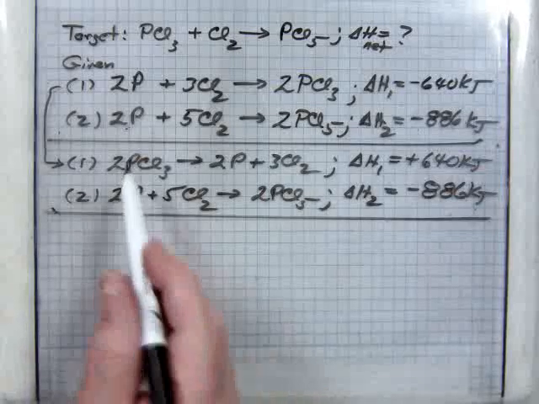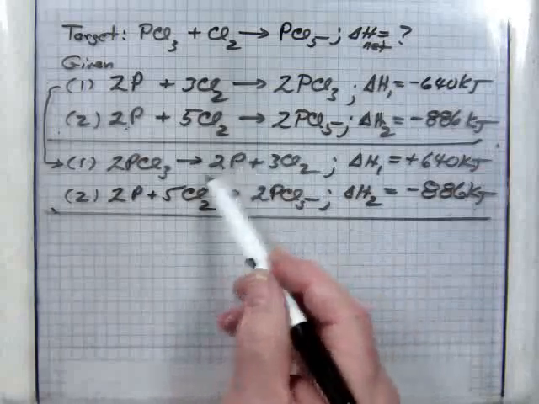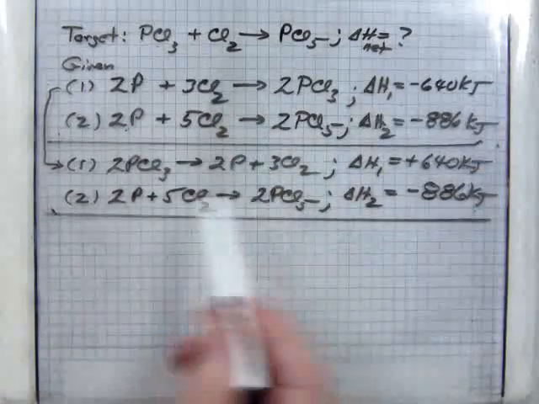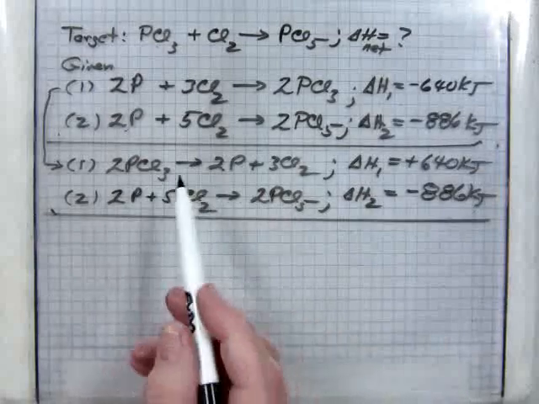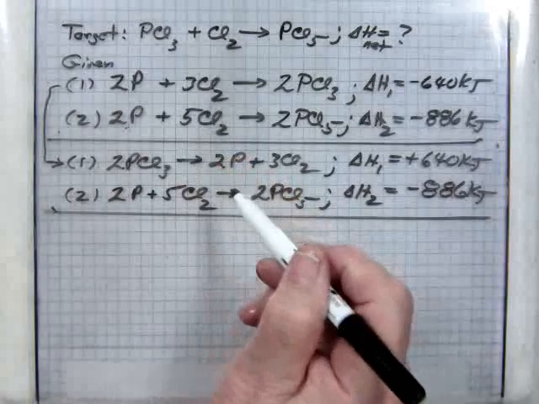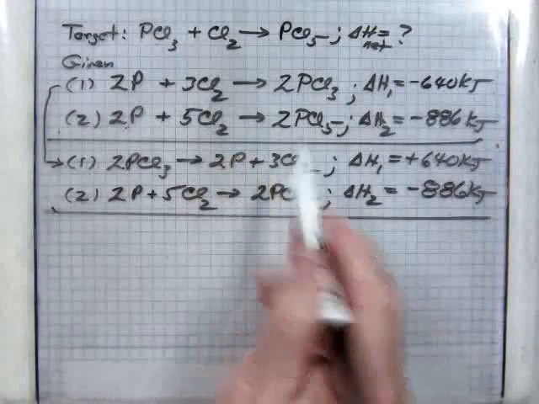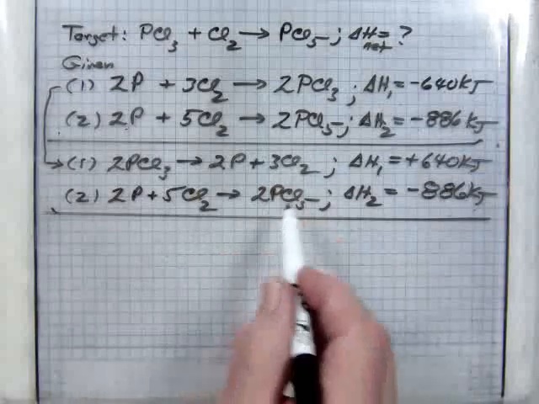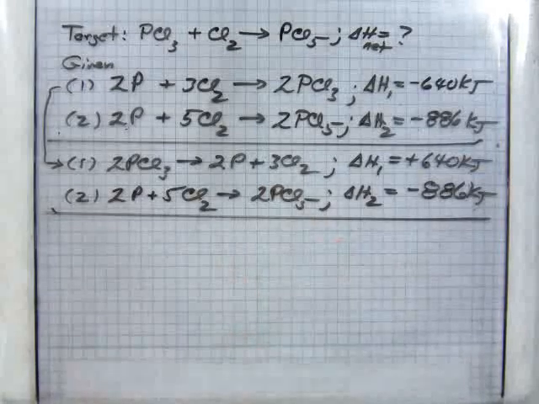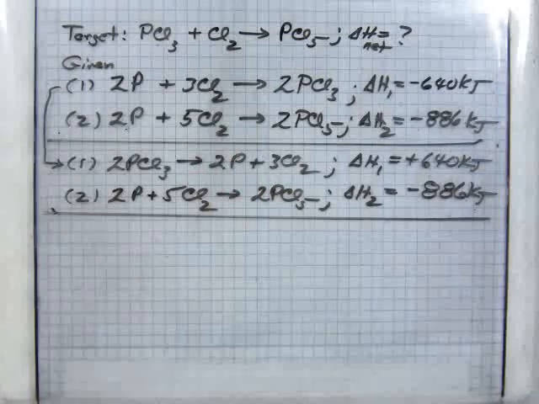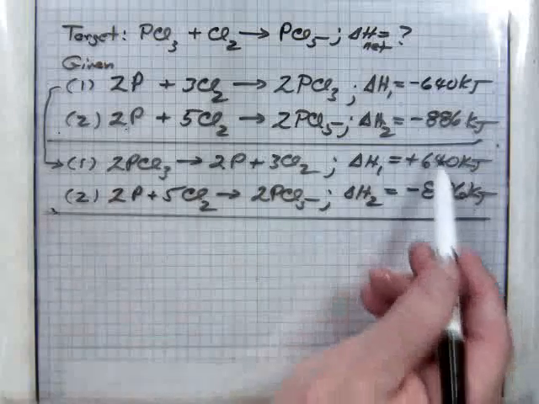So you check and see, well, I know I can get rid of the phosphorus, so that's one of the things that has to come out anyway, so that worked. But I'll have 2 PCl3s. Where's my Cl2? Oh, yeah, here. This cancels. This leaves me 2 there and 2 right here. So, yeah, I can add it together, but it's not the target reaction. But once I get there, I can divide it by 2.